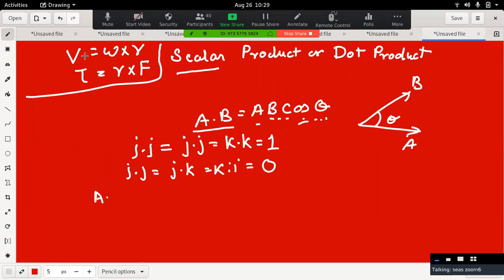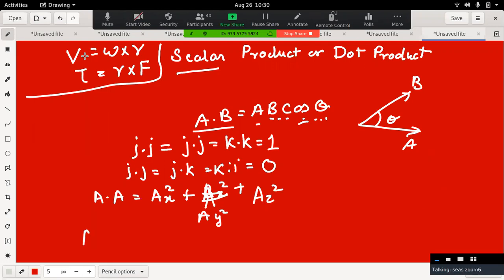Similarly, if I want to write A dot A, then we can write ax square plus ay square plus az square.